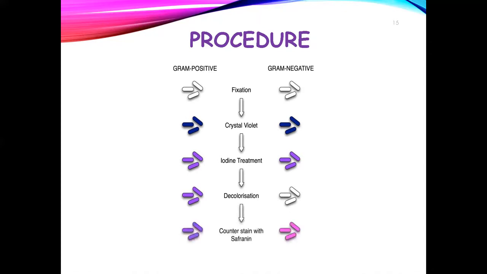And when you counter stain it, the gram positive bacteria, as I have told you, will retain their color, and gram negative bacteria will appear pink in color. So we'll see the procedure of how to perform the staining.